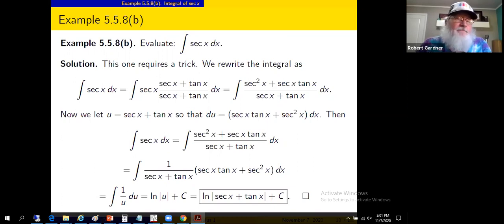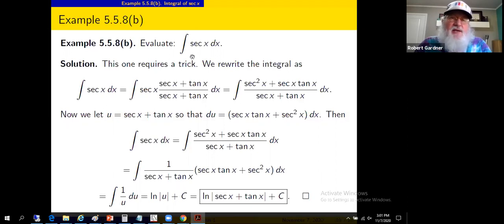Odds are I'd multiply by cosecant x plus cotangent x over itself. And something similar would happen. It works. It does. Possibly that's one of the other parts of this example 5.5.8b in the book. Also, I'm going to step out on a limb here and speculate.